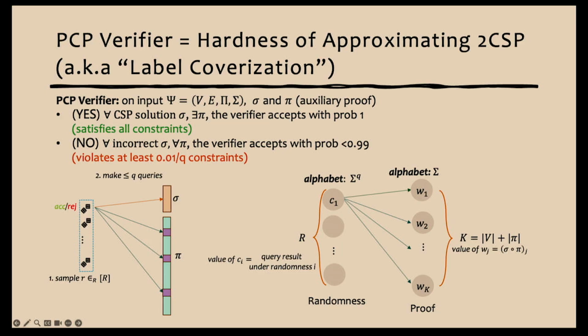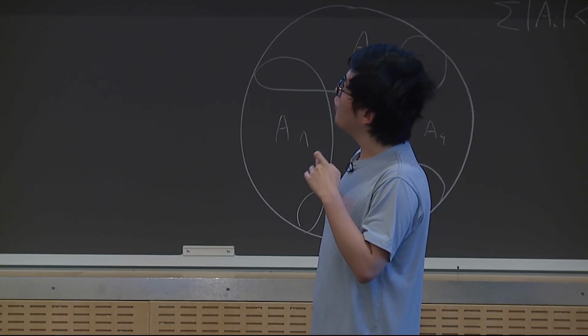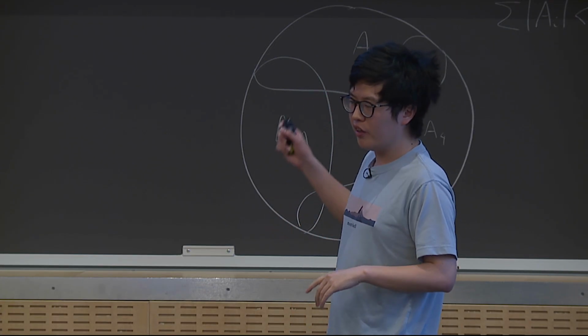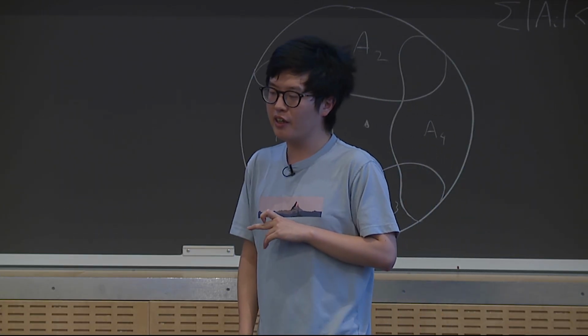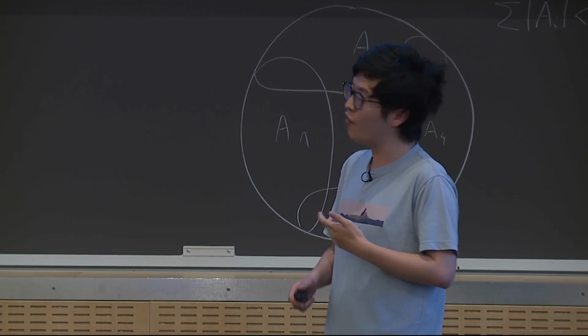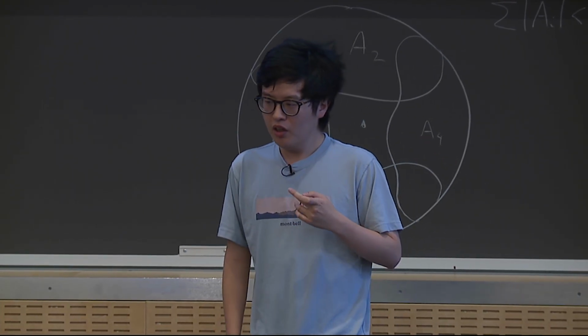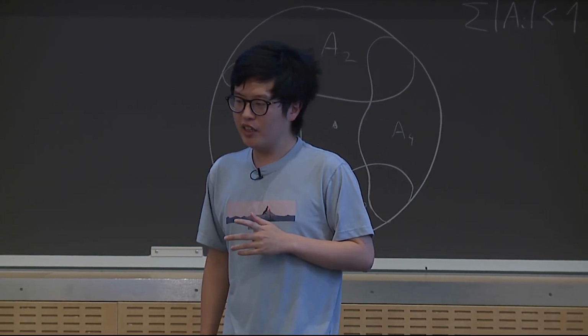And if the CSP instance is satisfiable, then we can use the properties of the PCP verifier and fill in the proof with a corresponding value. And we can say that because the verifier always accepts with probability 1, the CSP instance is always satisfied.